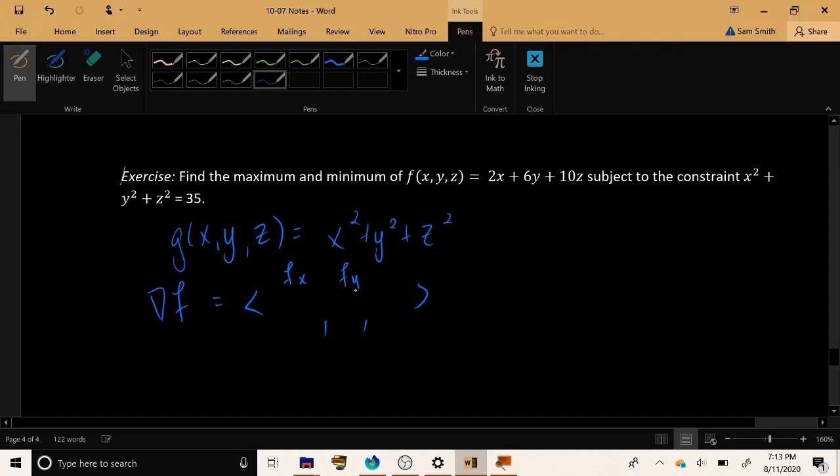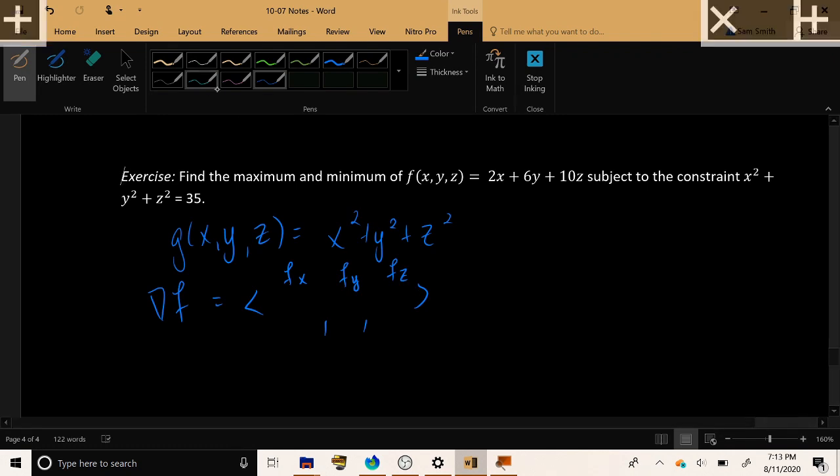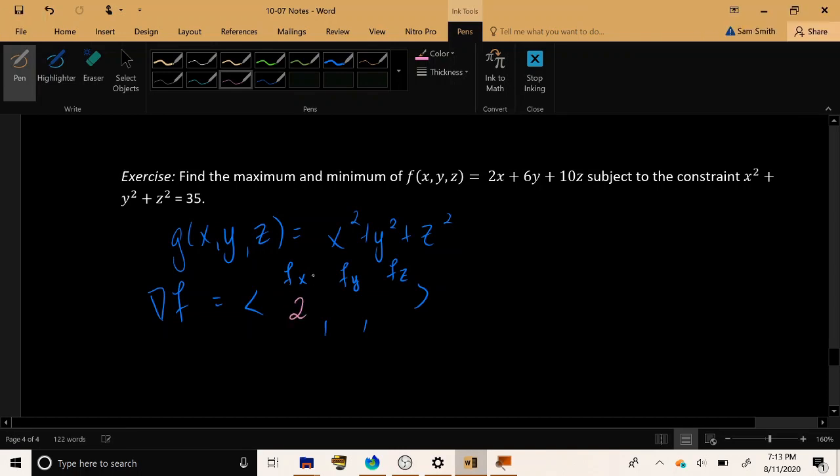In the y position, the derivative with respect to y. And in the z position, the derivative with respect to z. So for our problem, if we take the derivative with respect to x, treating both y and z as constants, all that we'll get is the slope in the x direction, 2. The slope in the y direction then is 6, and the z direction is 10.